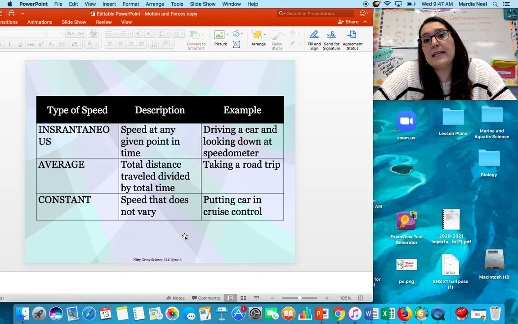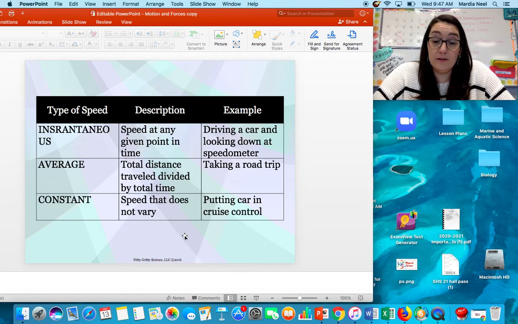So if I were to say you went 1 mile down the road and it took you 1 hour, you're going awfully slow, but it took you 1 hour. You went 1 mile per hour. Do you think you walked 1 mile per hour that whole way? Probably not, right? If it took you an hour to get a mile down the road, you probably stopped and talked to your friends.